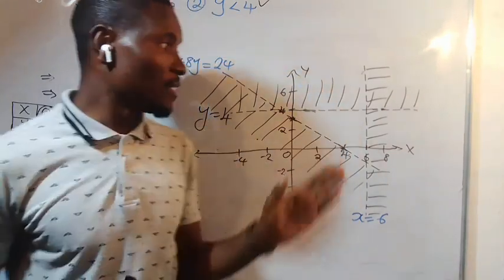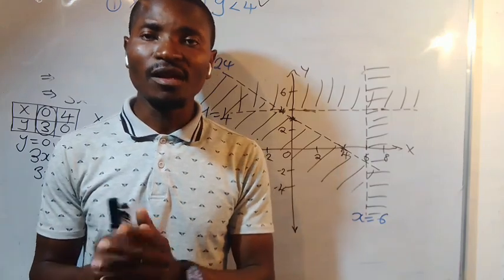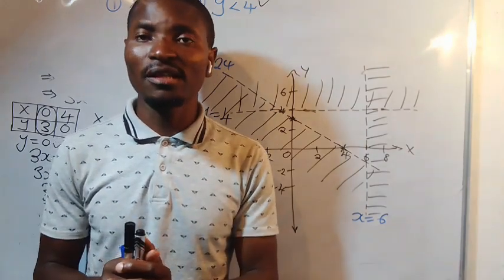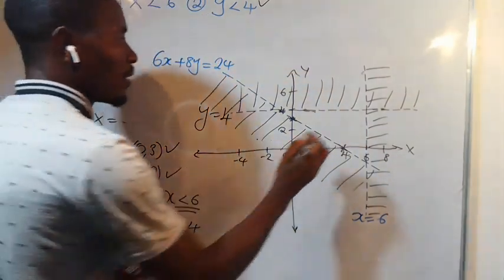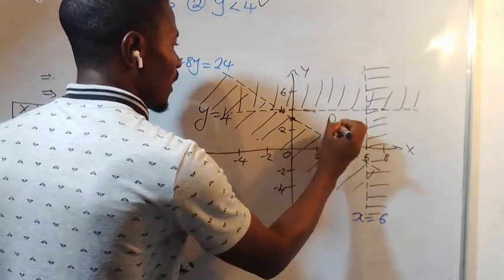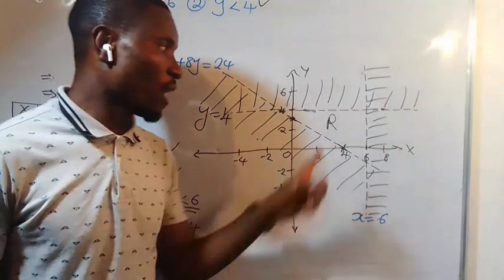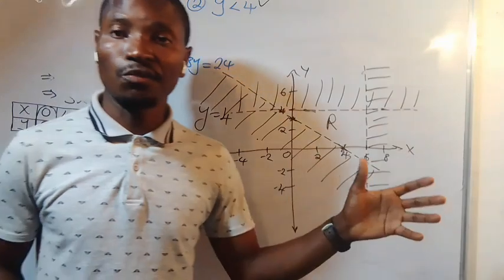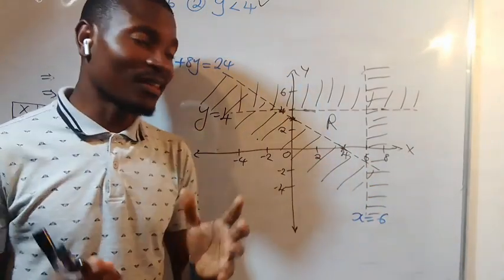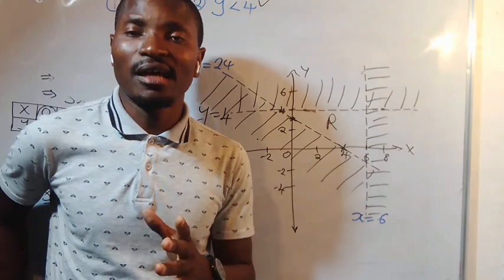So this is what we call the wanted region, or in other books the feasible region. We use R to represent the wanted region, or FR, which is just the feasible region. So this is how you can simply go about this question on linear programming.